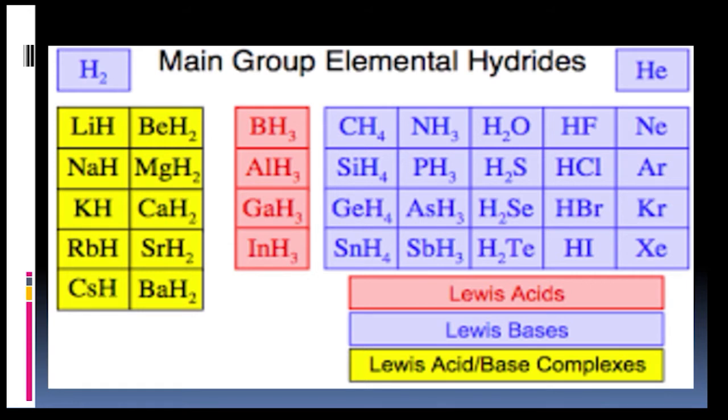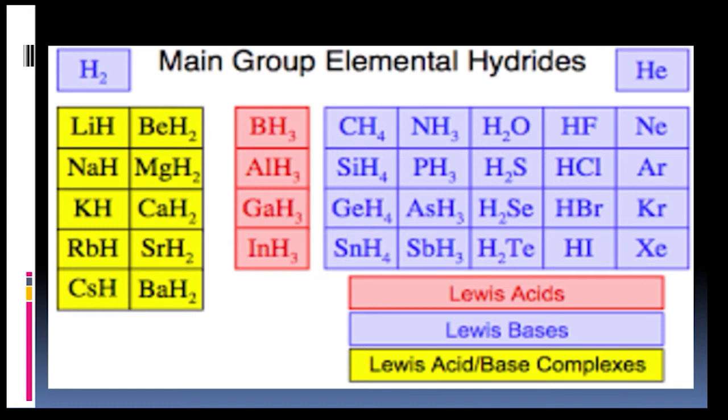The first two yellow groups are hydrides of alkali metals: lithium hydride, sodium hydride, potassium hydride, rubidium hydride and cesium hydride. Then the hydrides of alkaline earth metals: beryllium hydride, magnesium hydride, calcium hydride, strontium hydride and barium hydride.